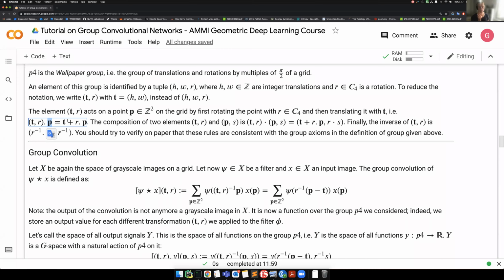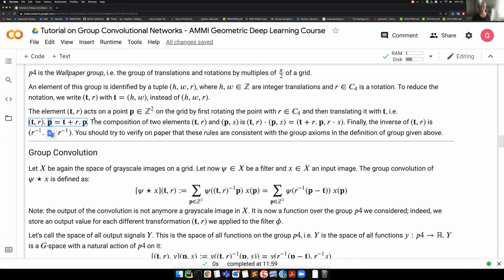It's a normal notion of a translation in a plane. If you have a point, you just translate it by moving its coordinates along a direction T. T is a vector that tells you your translation, and R is again just a rotation of your grid, so a rotation of your points in the plane.